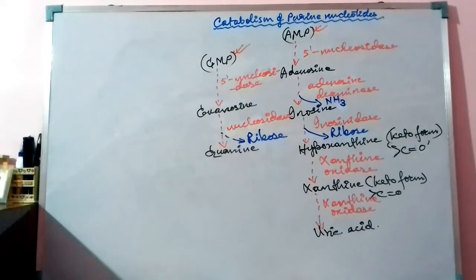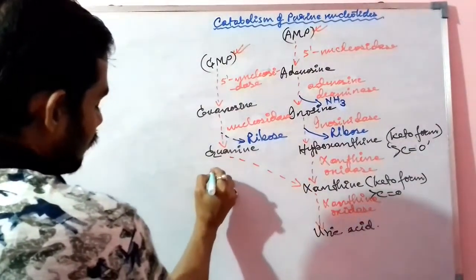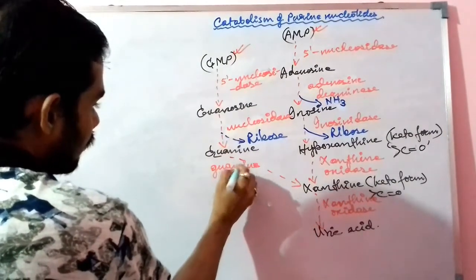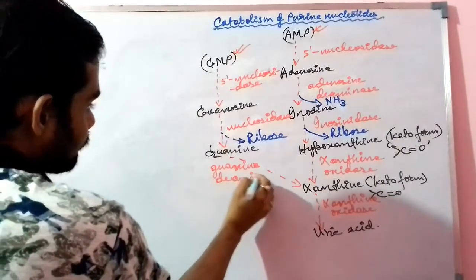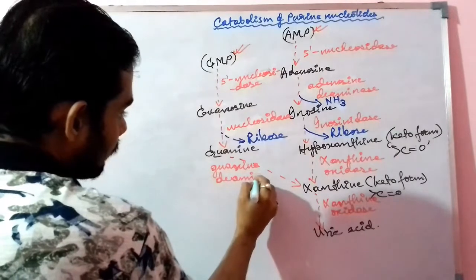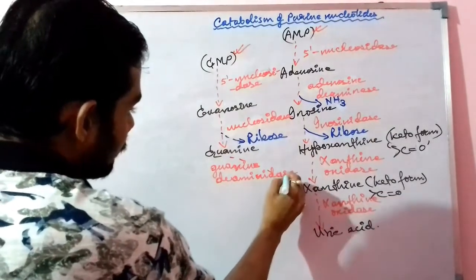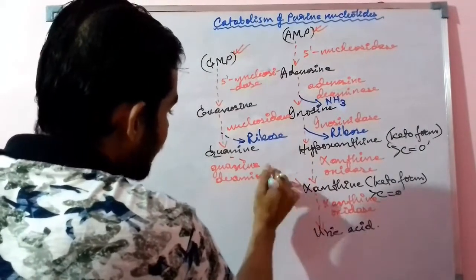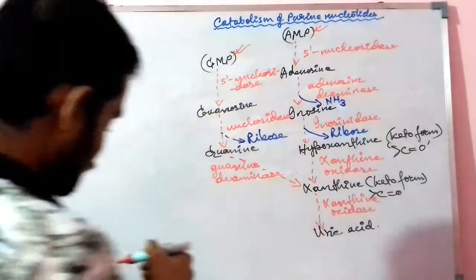Now this guanine, in the presence of guanine deaminase, sorry, not aminase, deaminase, helps in the formation of xanthine.